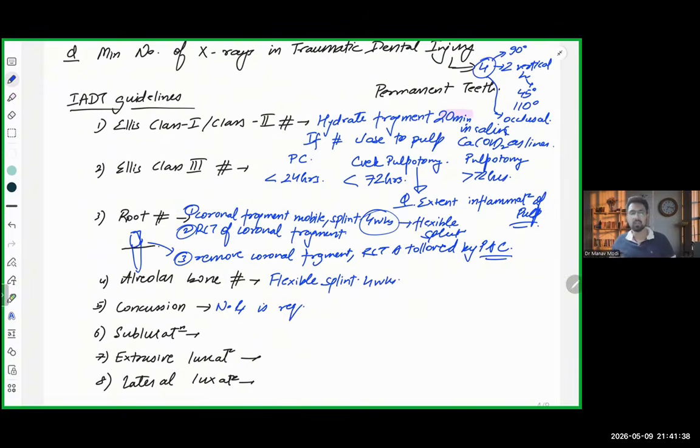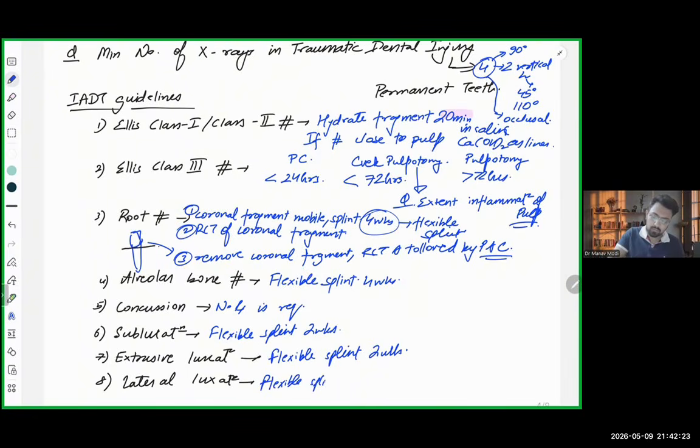Then coming to subluxation, again we give a flexible splint for 2 weeks. Then guys, what will we do for extrusive luxation? Again, we give a flexible splint for 2 weeks. Then lateral luxation, we give a flexible splint for 4 weeks.